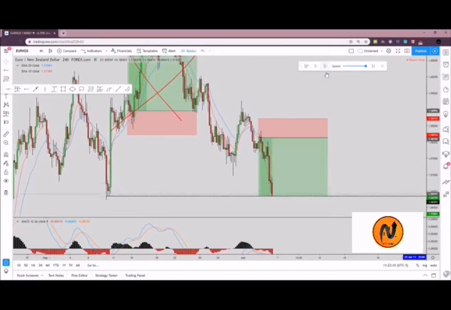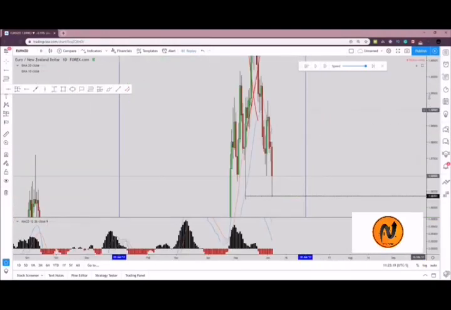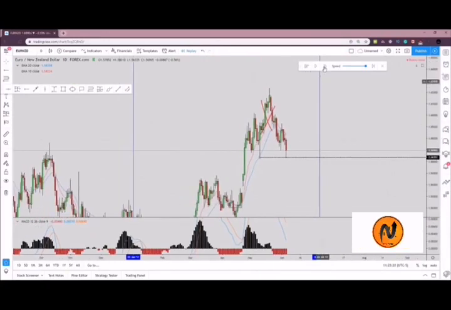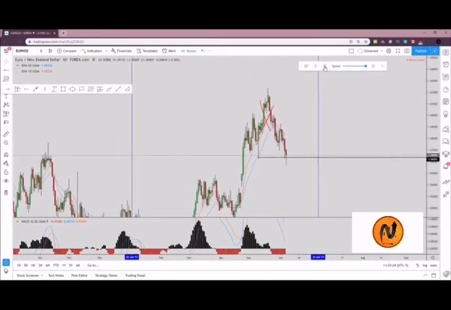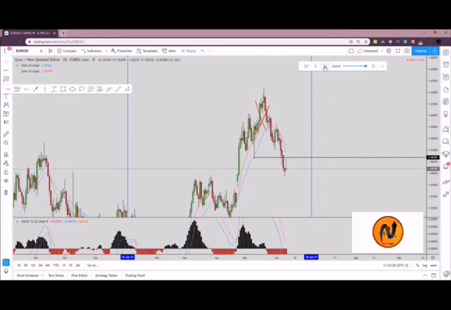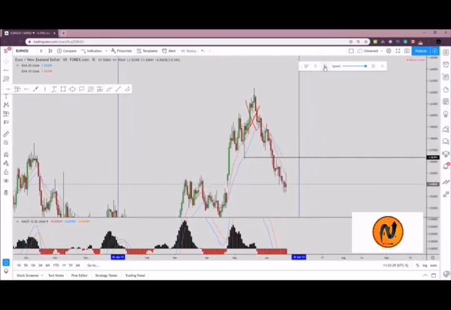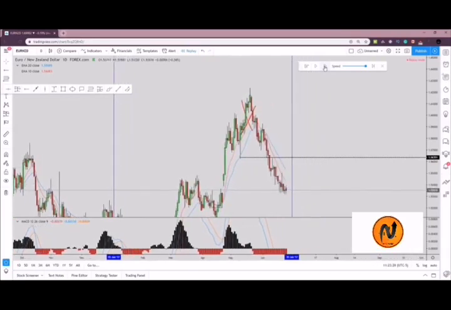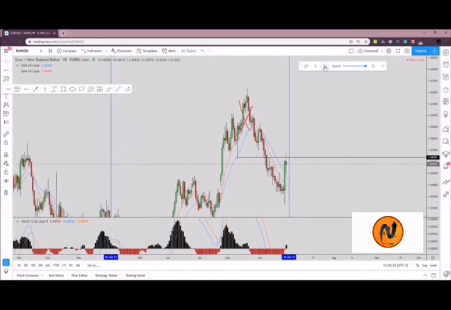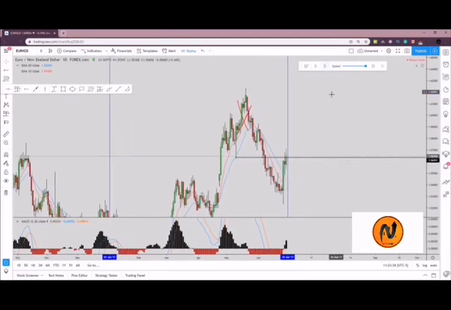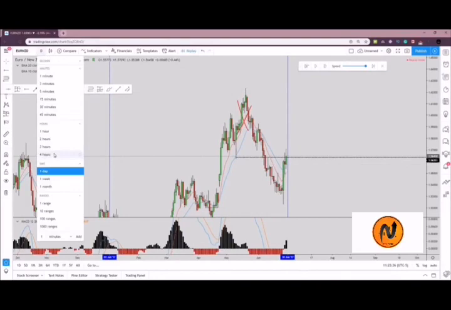Let's see what will happen. Okay, target hit. Perfect. So let's see if we have any other opportunities before we end this first backtesting session on EURNZD. The market just continued to the downside, and it doesn't seem we have any kind of opportunity, so we can continue next time with EURNZD.